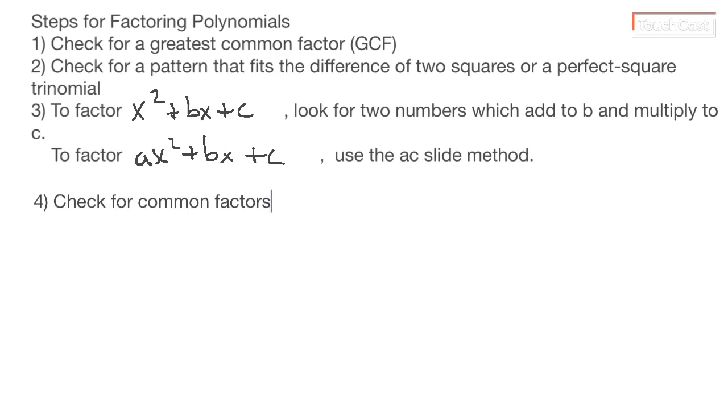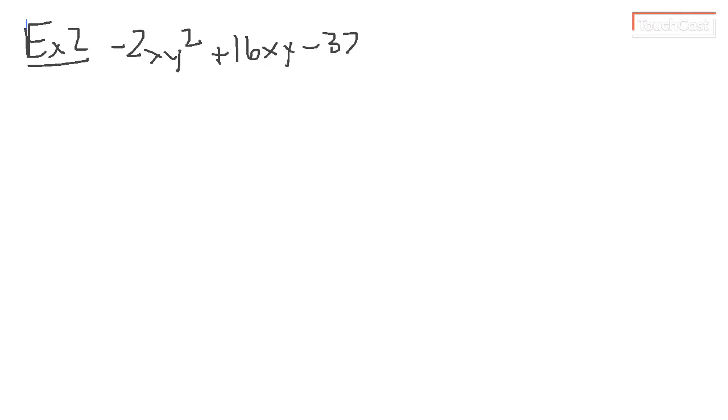So now I want to look at example 2, which is where we're going to factor the expression negative 2xy squared plus 16xy minus 32x completely.